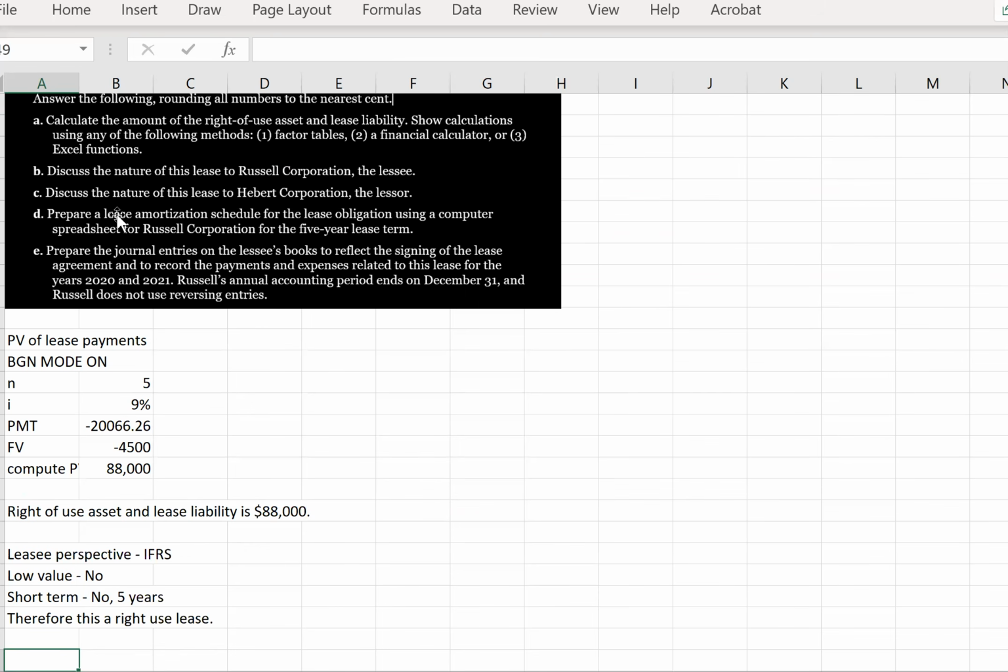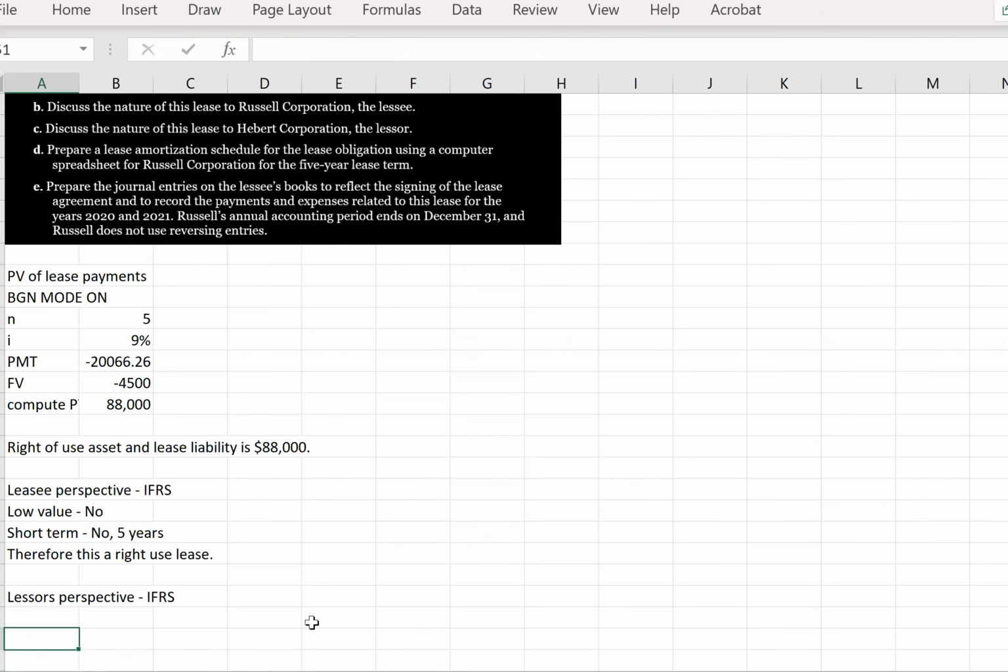C says, discuss the nature of this lease to Hebert Corporation, the lessor. So from the lessor's perspective, under IFRS, we need to figure out if one of the following criteria are met. We've got transfer of title.